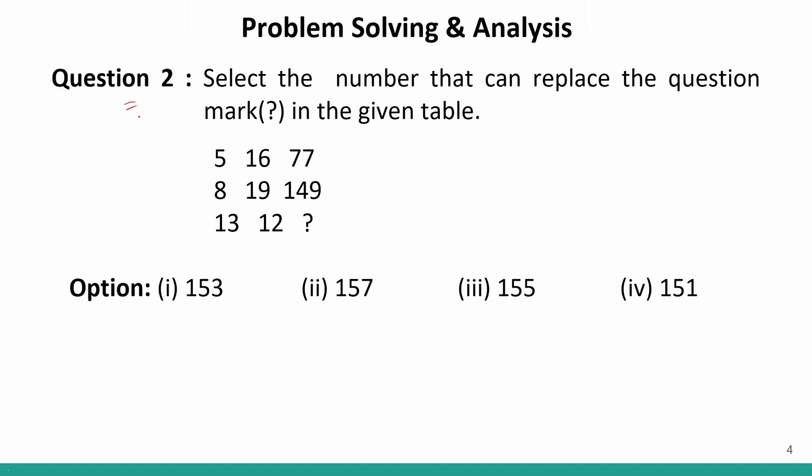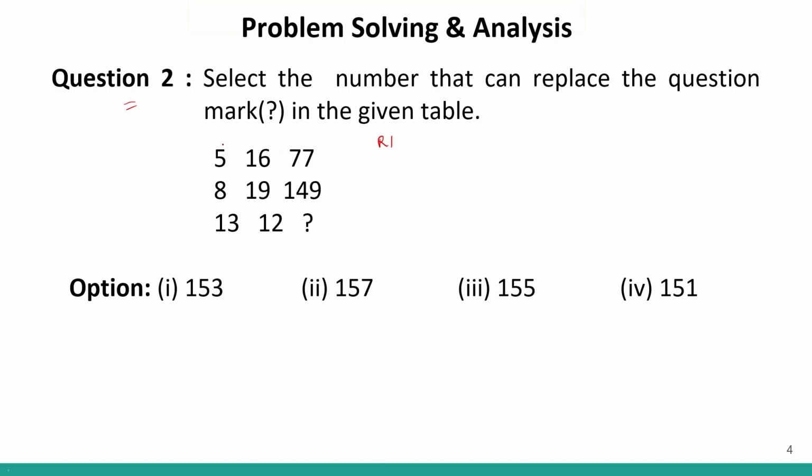Again, in this question, I can see that certain operations are probably being done on these two elements to get to this element, because this element and this element are significantly bigger than these two elements. Correct? So that means that my pattern is going in this direction. Okay, so let us start with row 1.